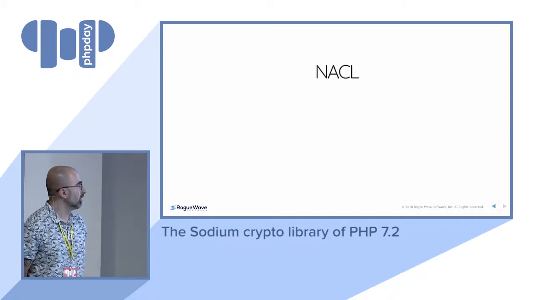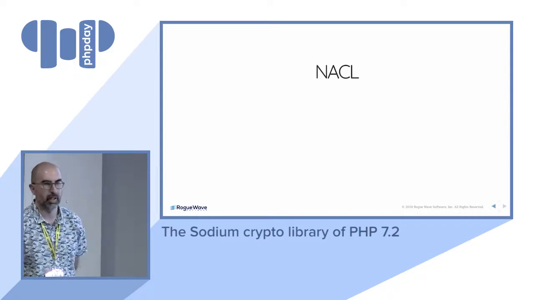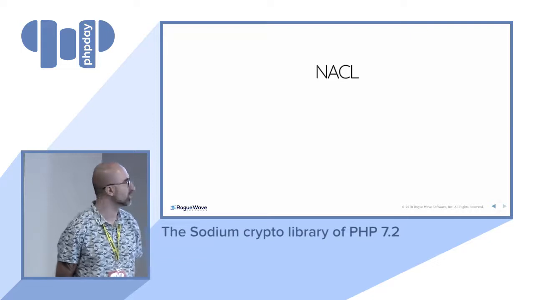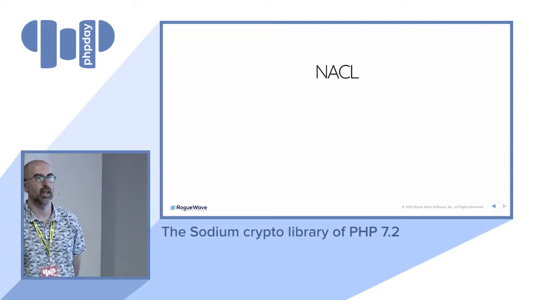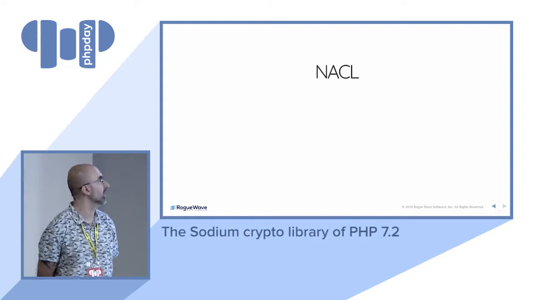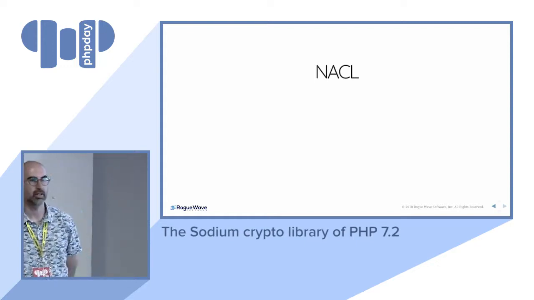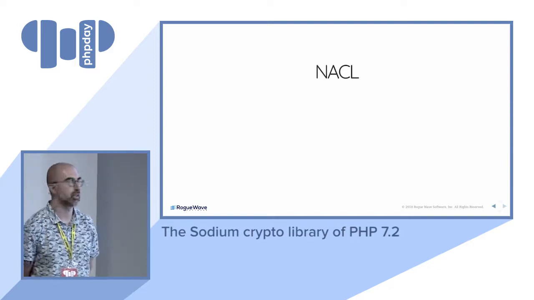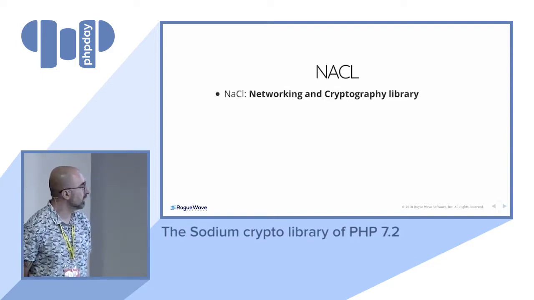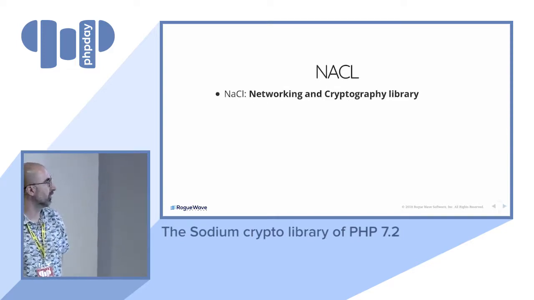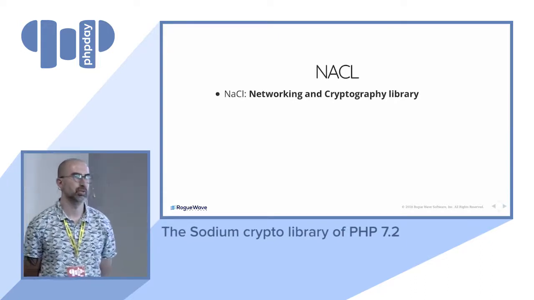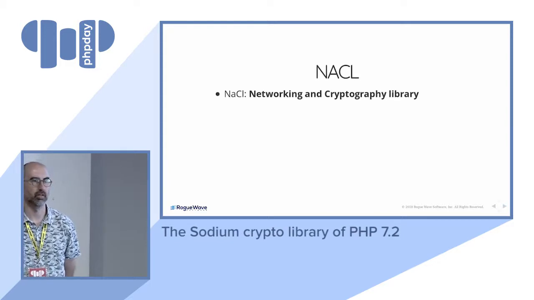But there are some people that help us, and these people are experts on cryptography and security, and they provided this library a few years ago. That is NaCl, like the chemical formula of salt, basically. It's a very opinionated library, which means the authors chose the best cryptographic algorithms available.